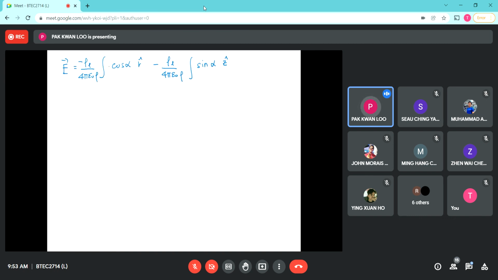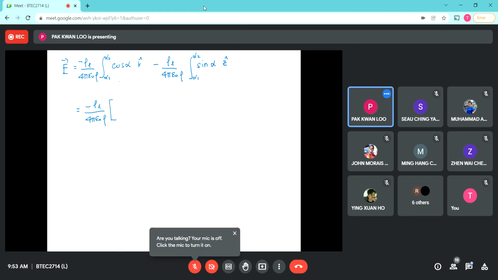And what are the limits now? It's alpha 1 to alpha 2. And using this limit, it's going to be sine alpha, from alpha 1 to alpha 2.